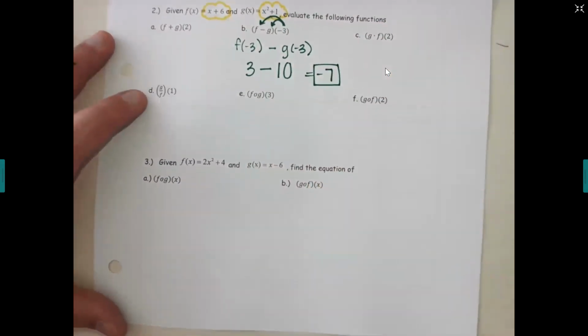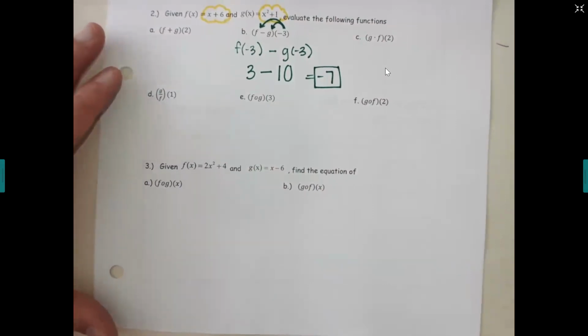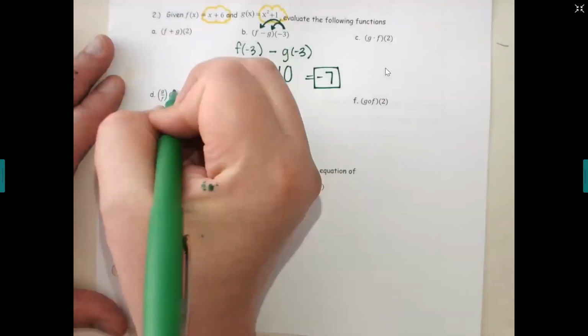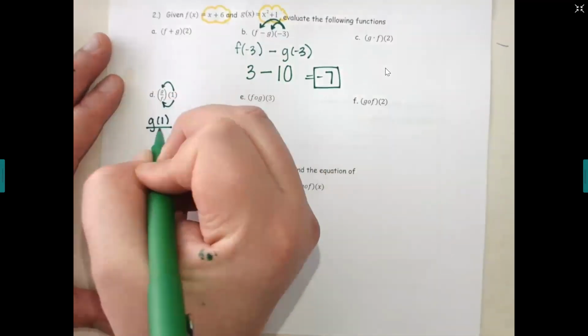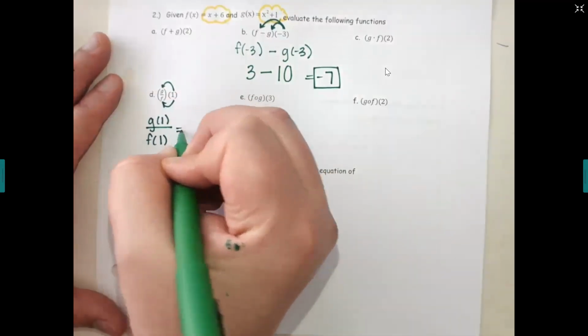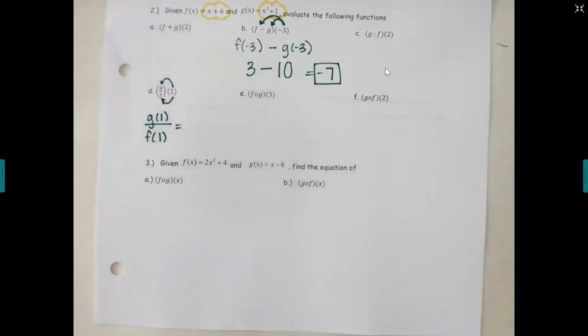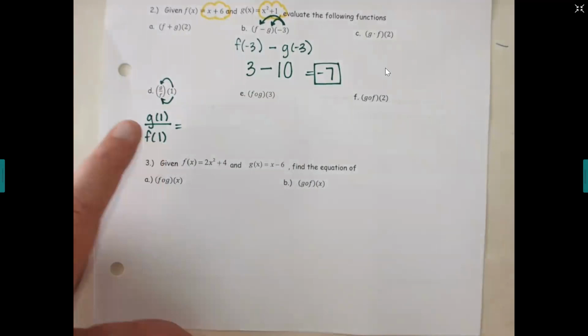Okay, let's go to the next letter. I want G over F. I'm going to push the 1 into both of those. So it's G of 1 divided by F of 1. And then remember, how do I find G of 1 and F of 1? I take the number 1 and plug it into X for the appropriate formula. I'm just going to do this in my calculator.